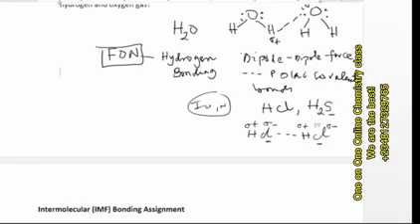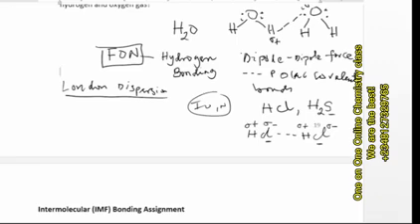The third and last one under intermolecular bonding is the London dispersion. Polar covalent is unequal electronegativity. Note that in polar covalent you don't have attachment of fluorine, oxygen, or nitrogen.